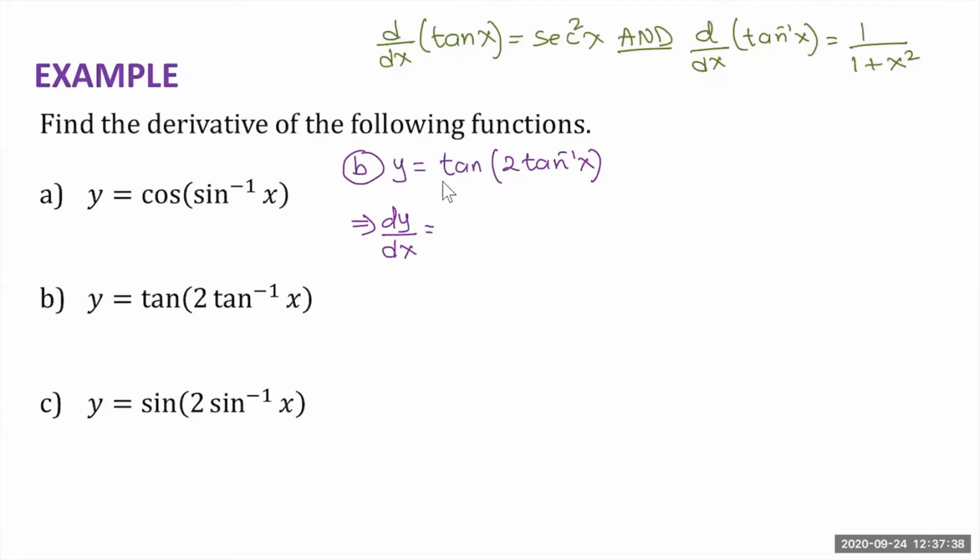So we are going to use the chain rule, which says the derivative of the outside function, that's the derivative of tangent, is secant squared, keeping the inside function the same, 2 tangent inverse x, multiplied by the derivative with respect to x of the inside function, 2 tangent inverse x. So we use the chain rule here. This is our chain rule.